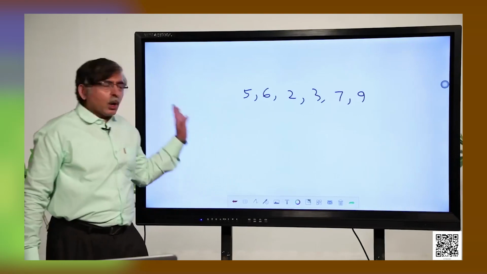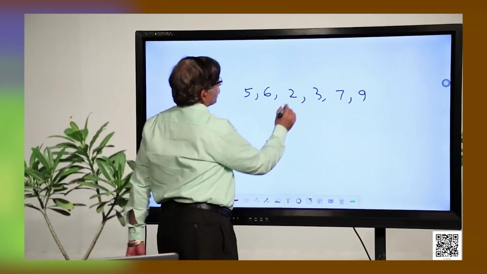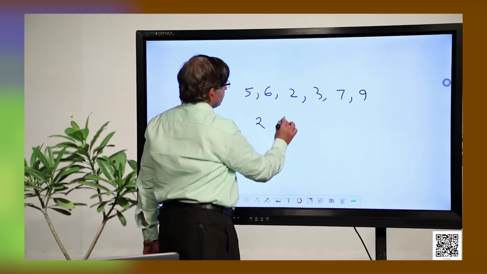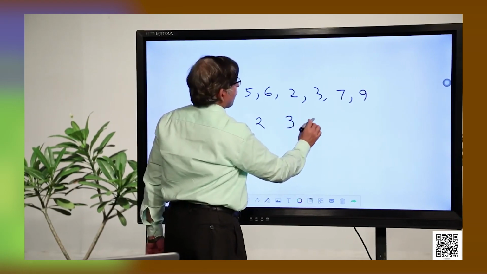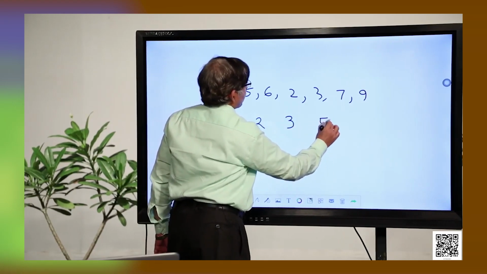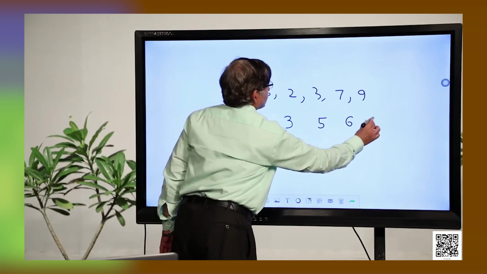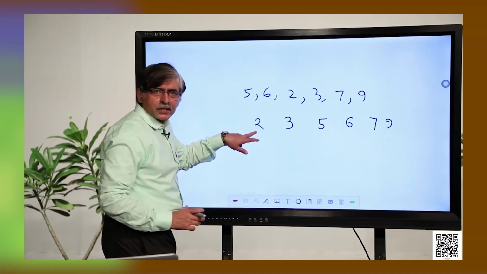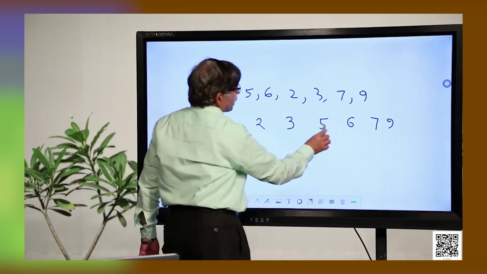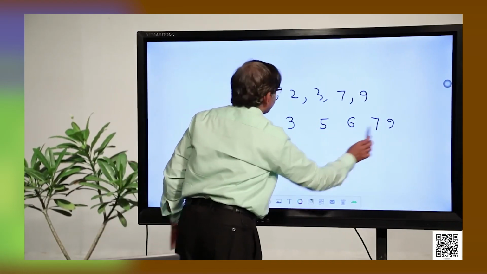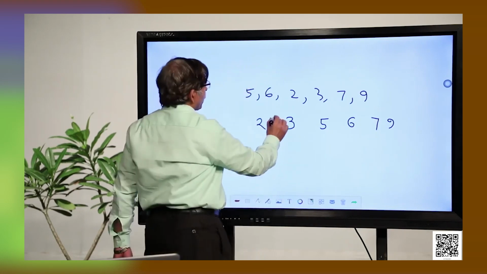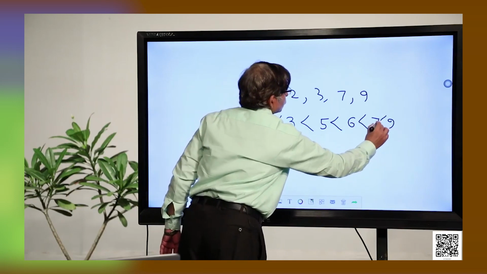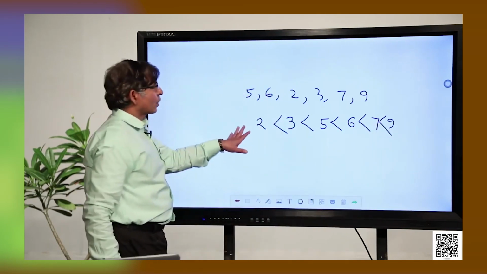Ascending means the numbers from smallest, like the smallest one here is 2, then 3, then 5, 6, 7, then 9. So, if we consider the numbers from here, 2, 3, 5, 6, 7, 9, this is in ascending order, and we can write like this. Right, this is the ascending order.